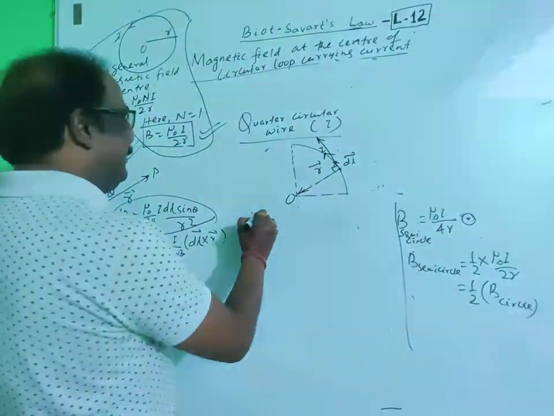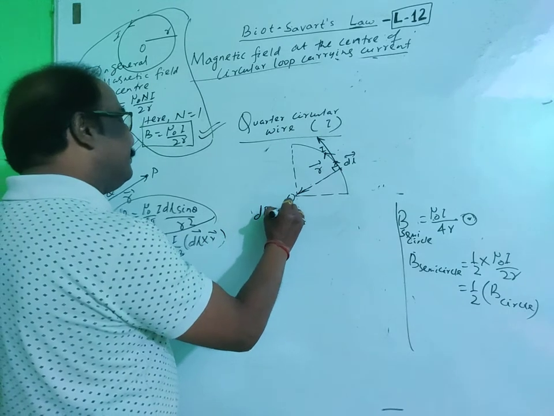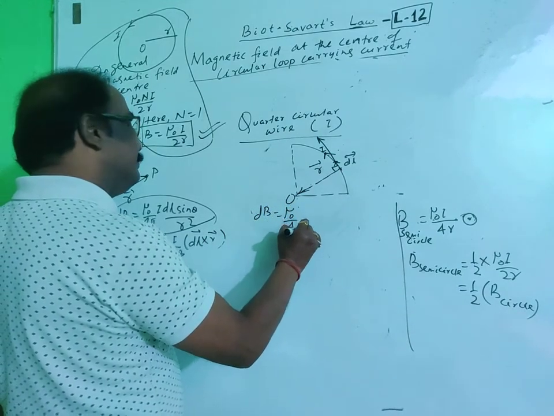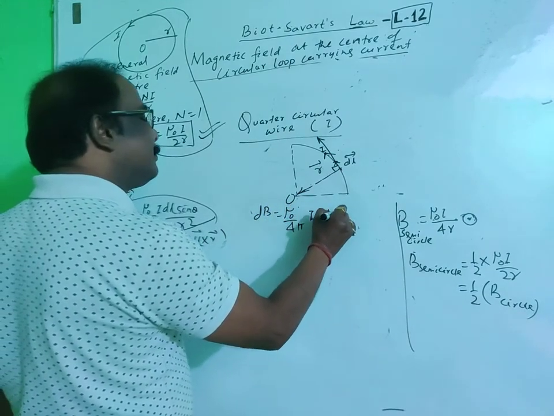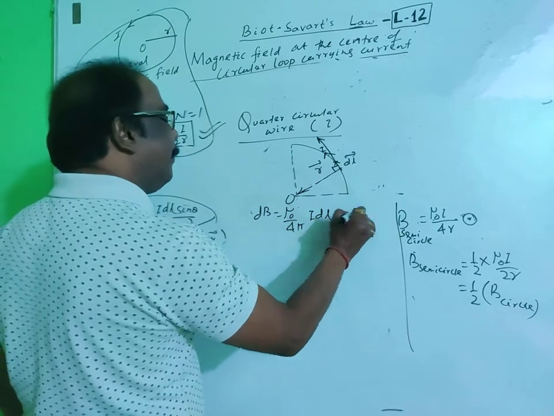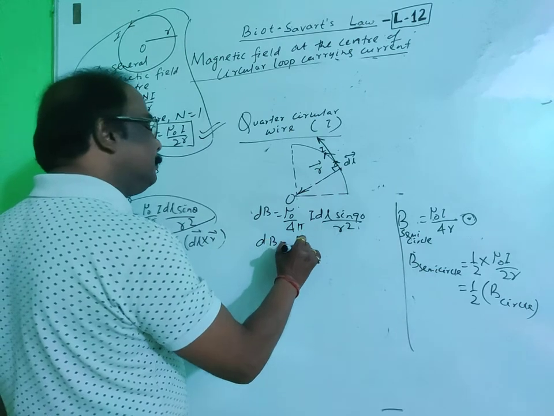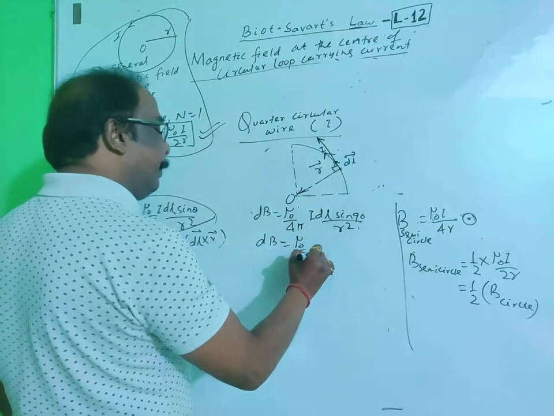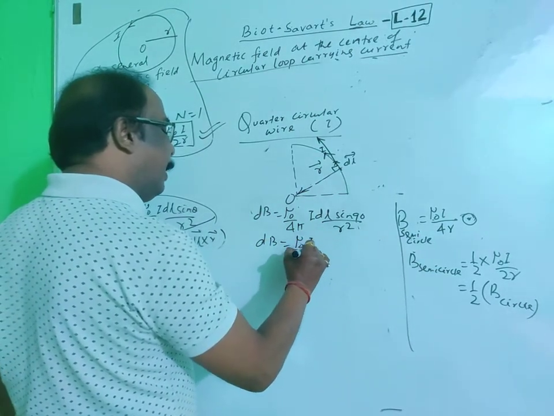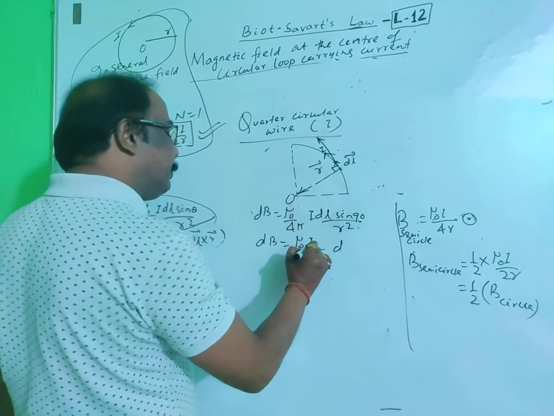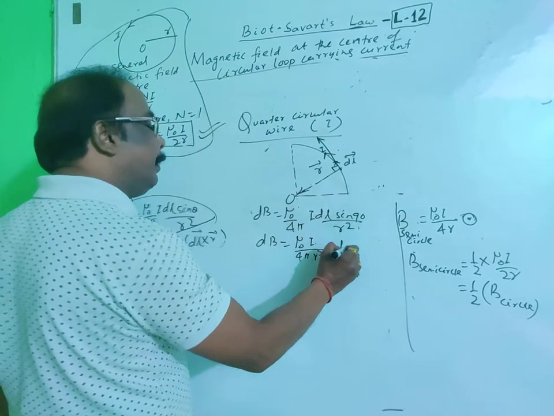So again, dB is equal to mu naught by 4 pi I dl sin 90 divided by r square, so dB is equal to mu naught I by 4 pi r square into dl.